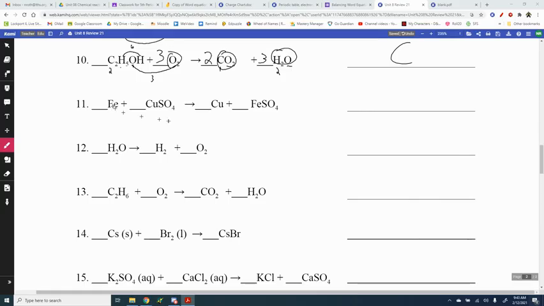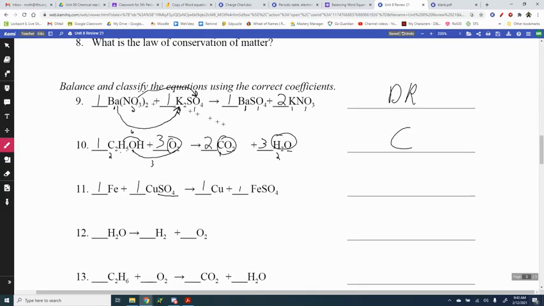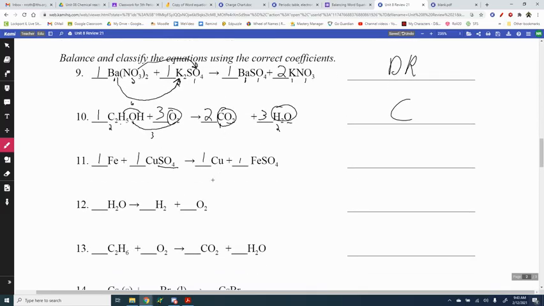We have 1 Fe, 1 Fe, 1 Cu, 1 Cu, 1 SO4, 1 SO4. So it is already balanced. So we can just put ones on all of those. Oh, and I forgot to put a 1 up here. Okay, cool. And also, when we have polyatomic ions, as long as the polyatomic ions stay the same on both sides, you can treat them as one thing.